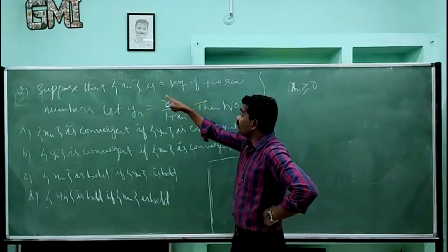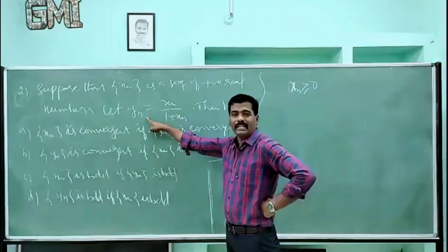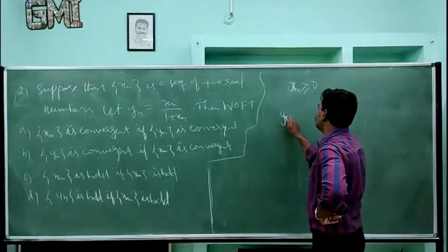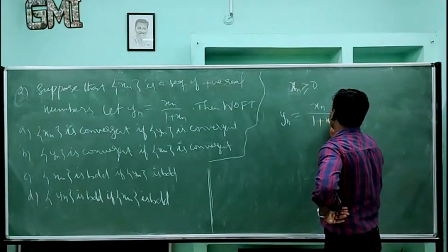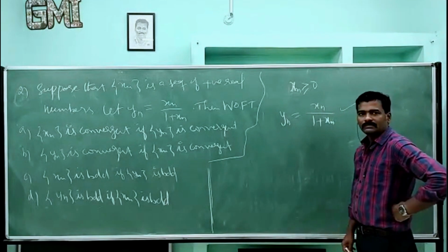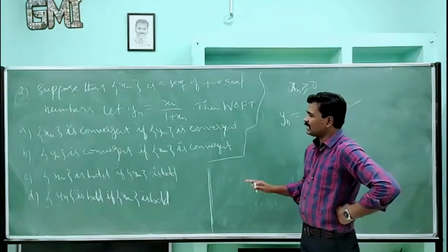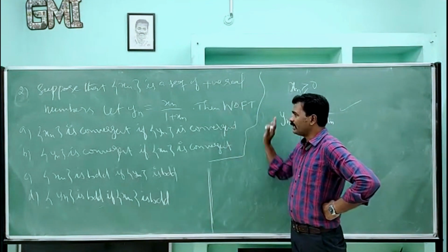Now they define a yn. How are they defining it? yn equal to xn by 1 plus xn. Now yn is also a sequence, right? The question is, which of the following are true?